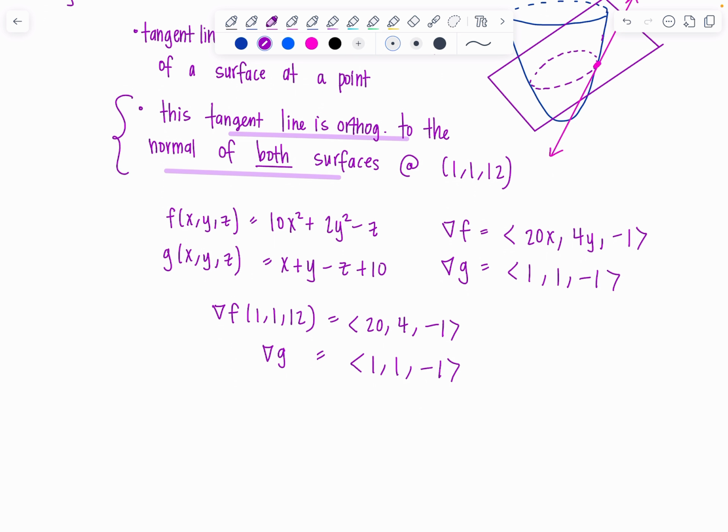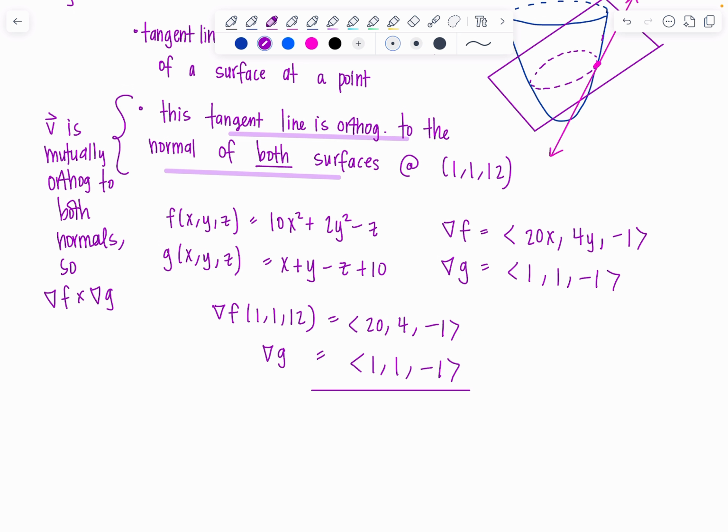Since v is mutually orthogonal, today's not my day to spell, mutually orthogonal to both normals, take the gradient of f, cross it with the gradient of g. Oh, we can do it.